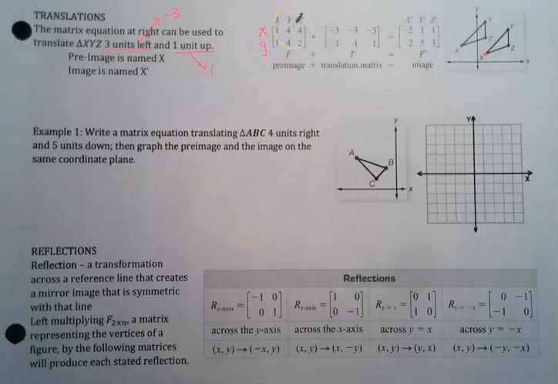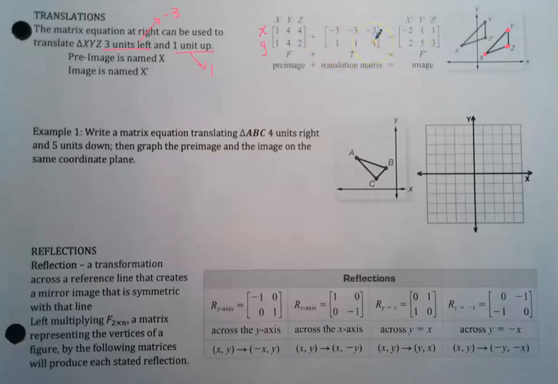Y is at 4, 4. And Z is at 4, 2. So over 4, up 2. So that's where these coordinates come from. So we are adding a negative 3, because we're moving every piece left 3, and positive 1, because we're moving each point up 1.